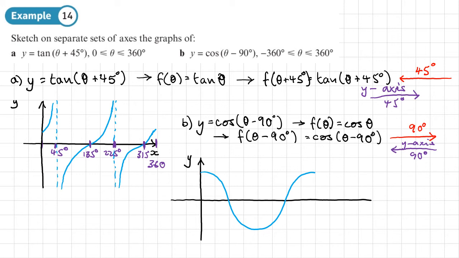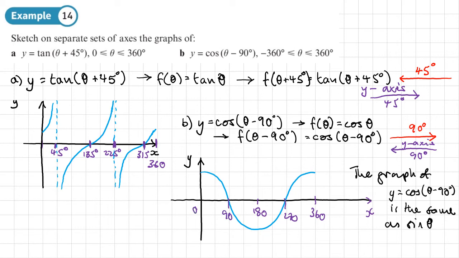So there's our y-axis, x-axis here. Then that's 360, 270, 180, 90, 0. So I'll just put down here this extra bit of information that the graph of y equals cos theta minus 90 is the same as sine theta.